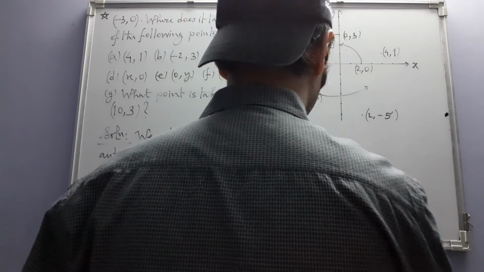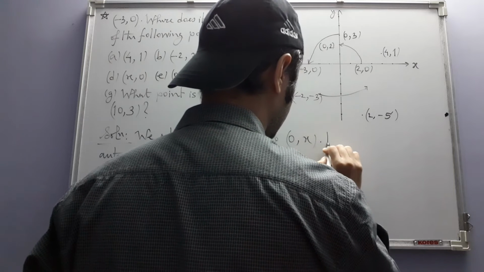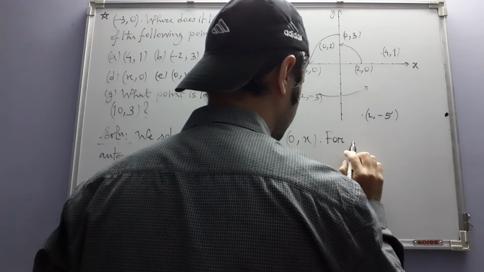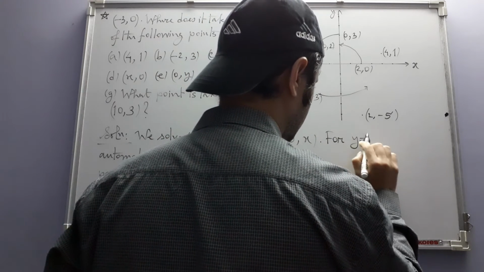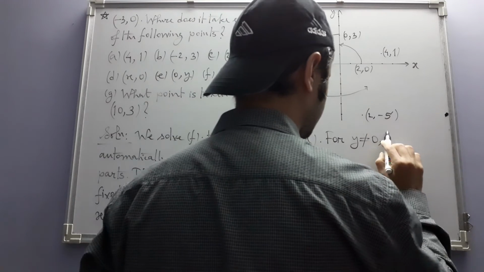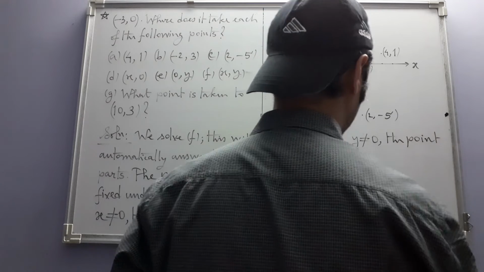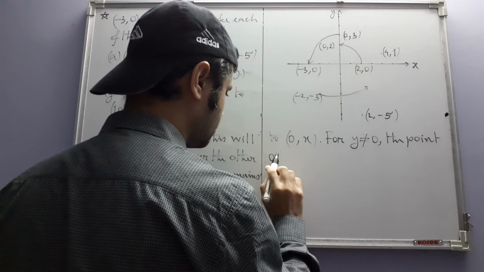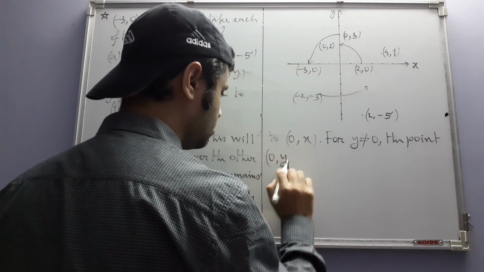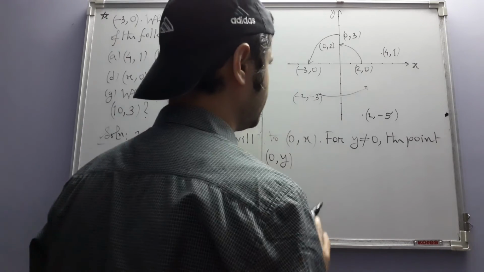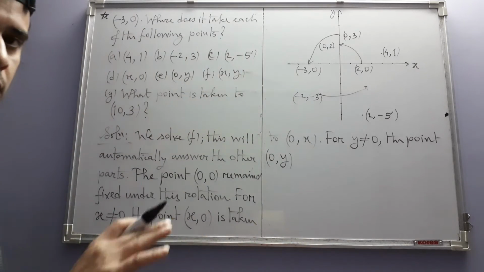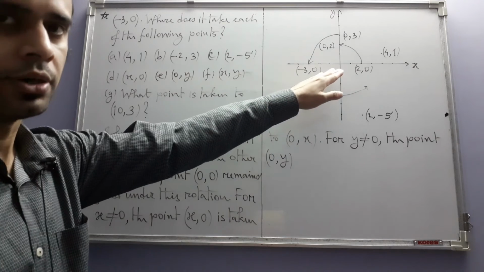Just like that, for y not equal to 0, the point 0 comma y, this is now a point on the y-axis that is not the origin.